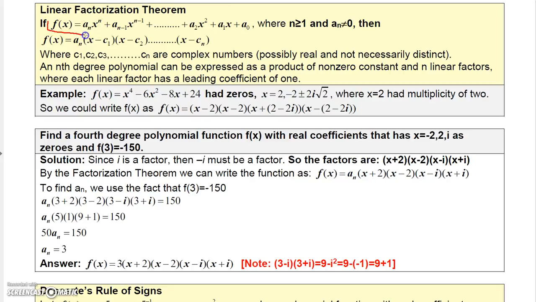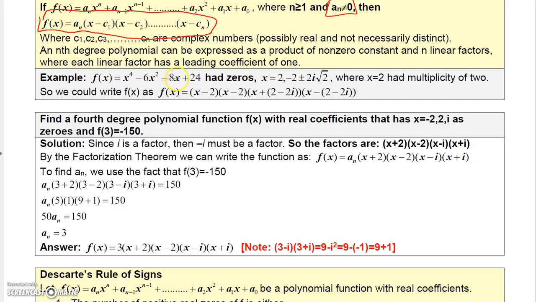If f of x is this polynomial in this form where n is greater than or equal to 1, and of course this just means that the lead coefficient is not 0, then basically we could factor this into the lead coefficient times a bunch of binomial factors, where you would say x minus c1 times x minus c2 times x minus cn and so forth, where c1, c2, and all the way out to cn are complex numbers, possibly real, and they may not be distinct.